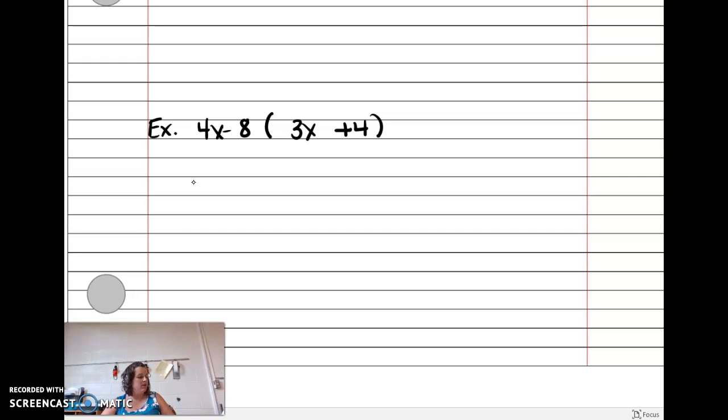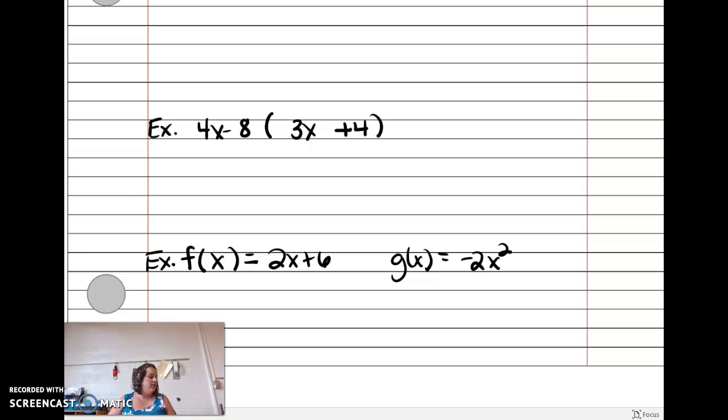And I think there's another one that I'd like us to do. For fun, let's do another function notation one. Let's try, if I were to give you f of x equals 2x plus 6, and g of x equals negative 2x squared plus x.